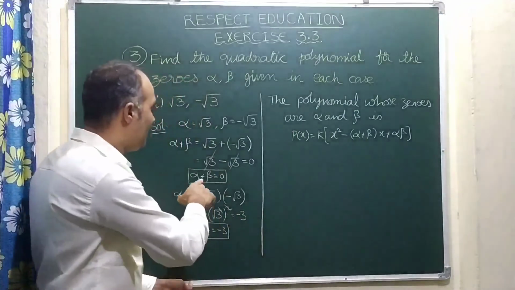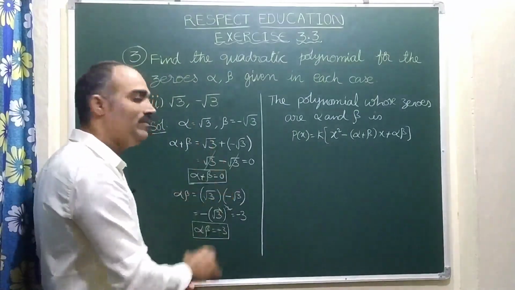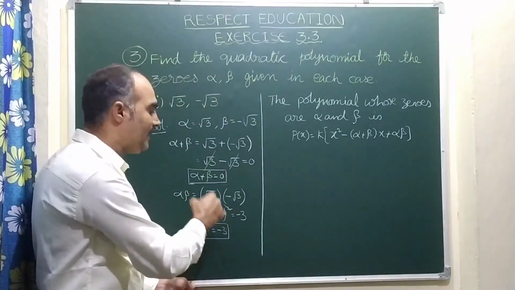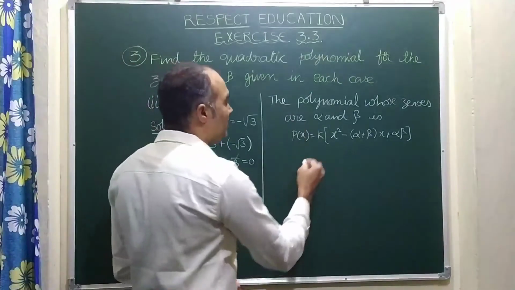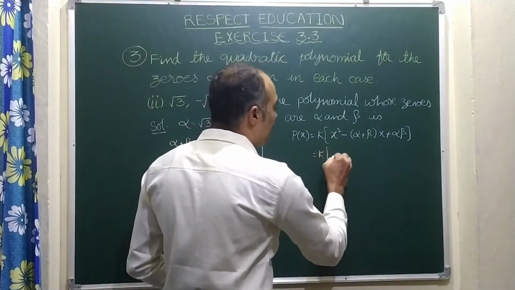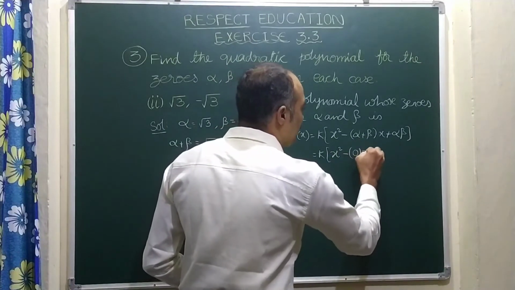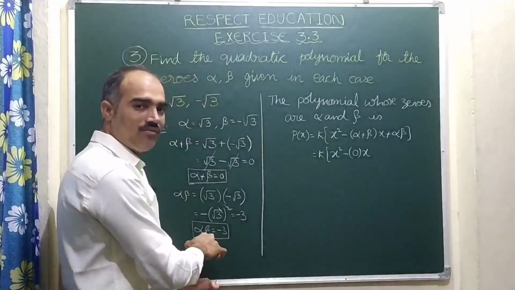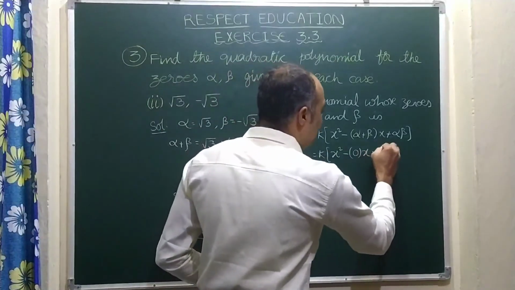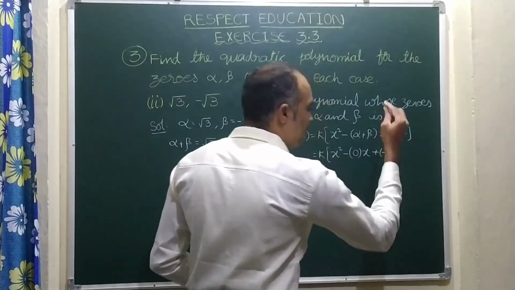Let us substitute alpha plus beta value 0 and the value of alpha beta is minus 3. Let us substitute there. So it is k into x square minus alpha plus beta is 0, so 0 times x plus alpha beta is minus 3.